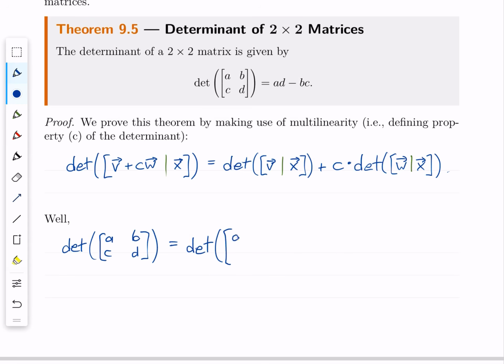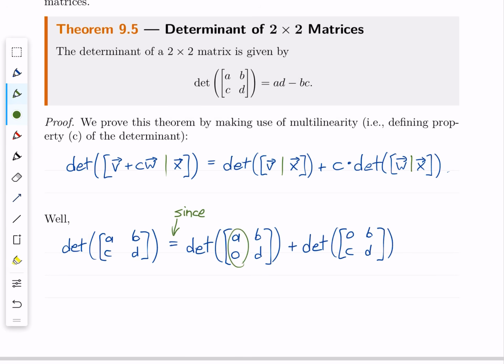So here's how it's going to look. I left the second column alone, but I'm splitting up that first column as a linear combination of two column vectors. That's a true statement, because the two first columns on the right add up to the first column on the left. It's just this plus this equals this.